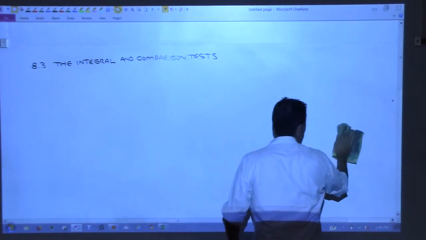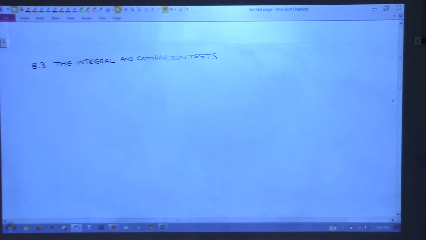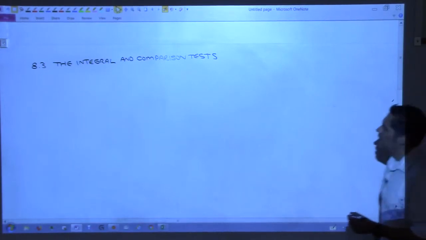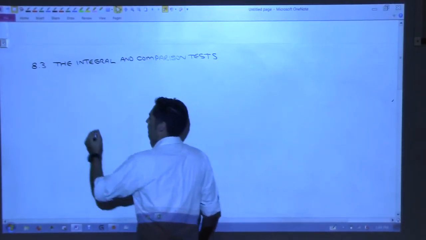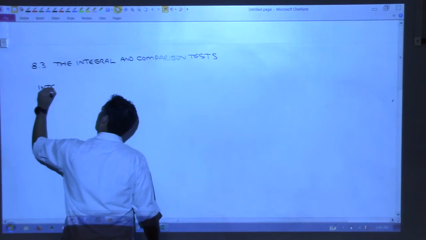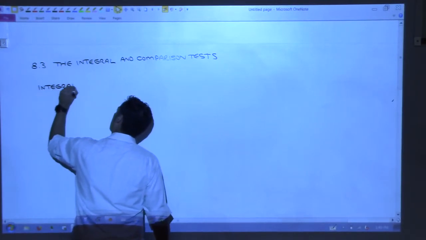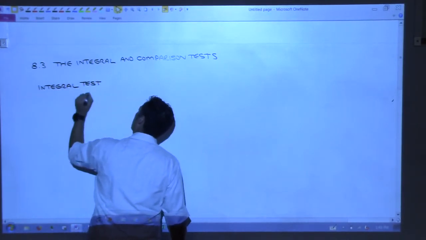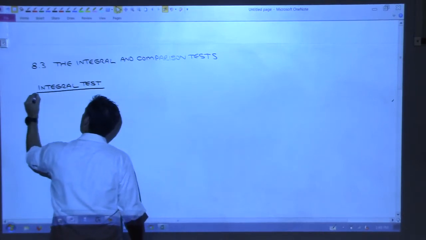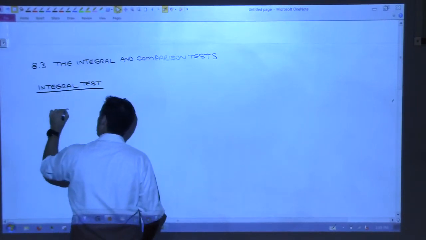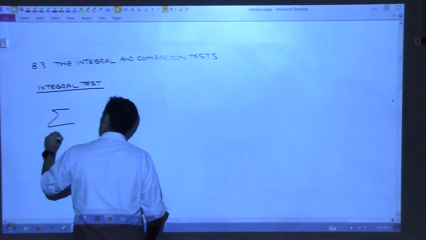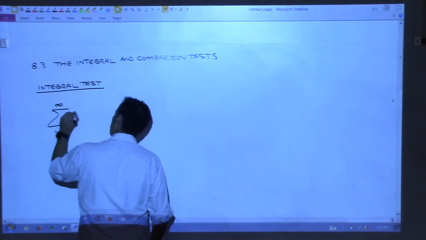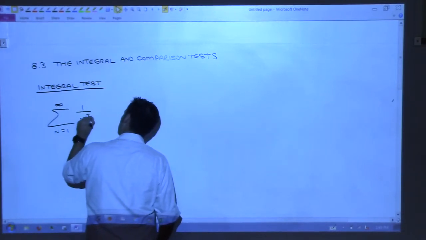And we're going to start out with the integral test. So I would want us to take a look at a new series. Let's look at this series. Sum n equals 1 to infinity of 1 over n squared.